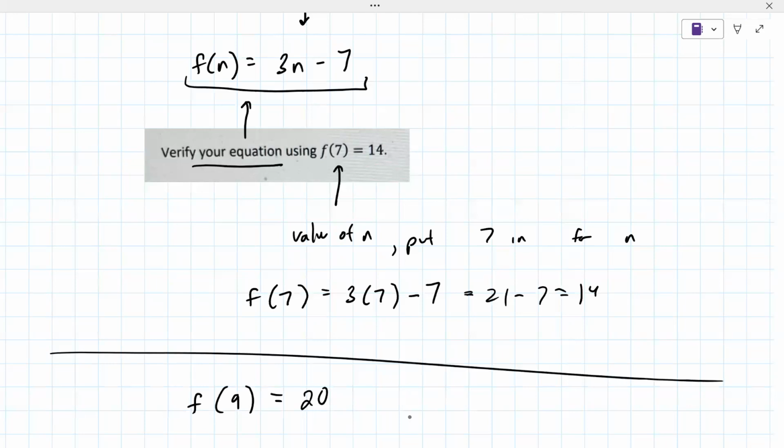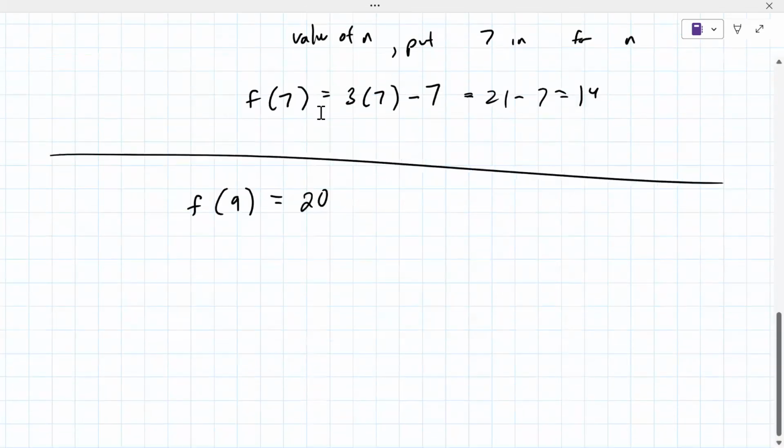Very good. 27 minus 7 equals 20. Right. Perfect.